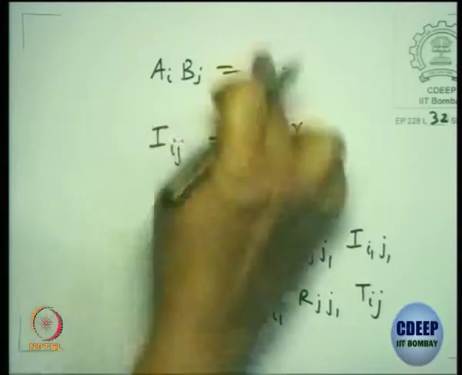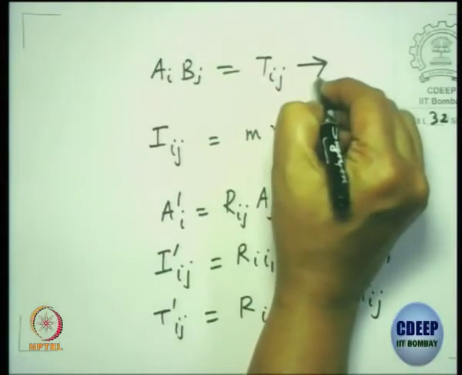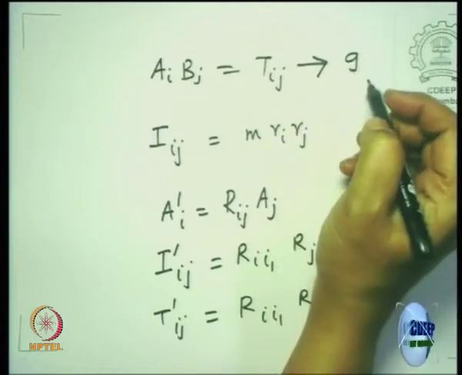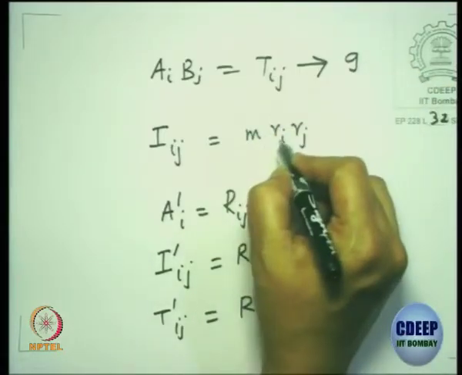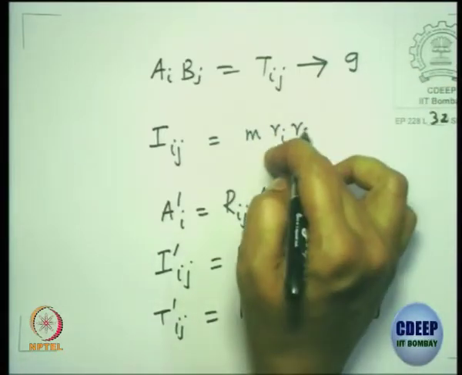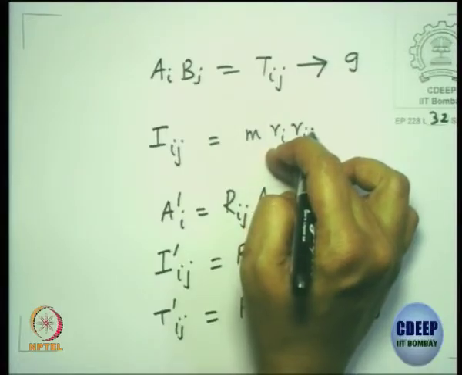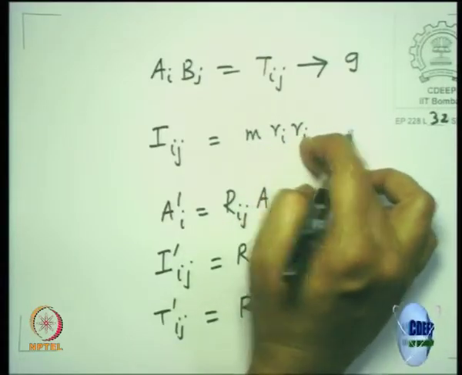How many elements are there in 3 dimensions? How many are there? 9. Okay. If I look at Ri as a vector operator, how many components does it have? 3 components. This is another vector with 3 components.